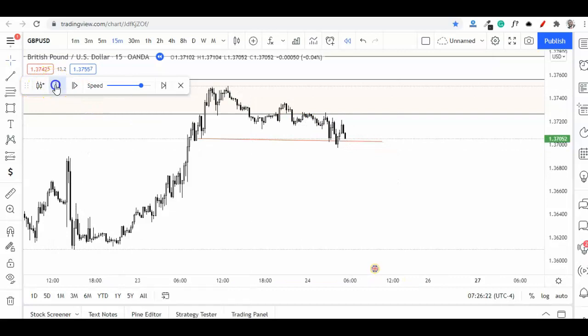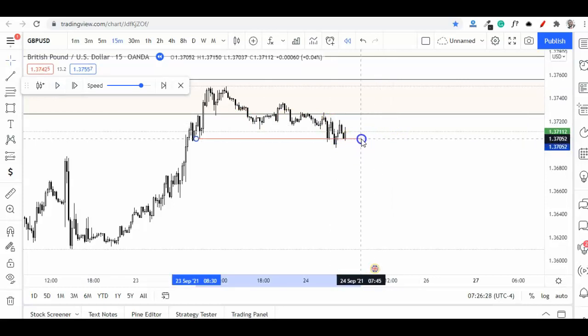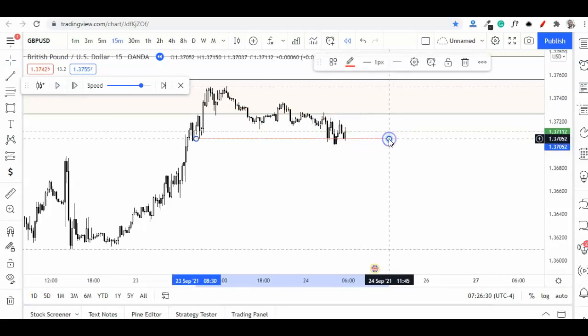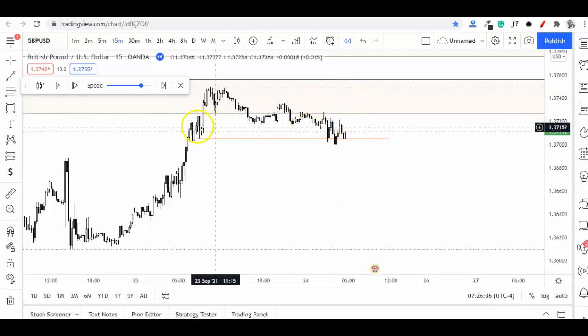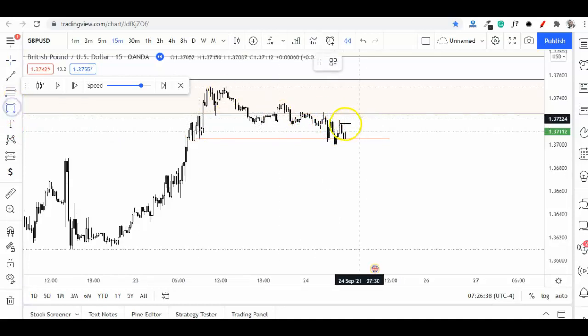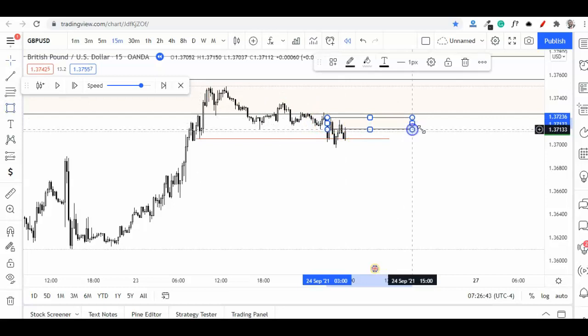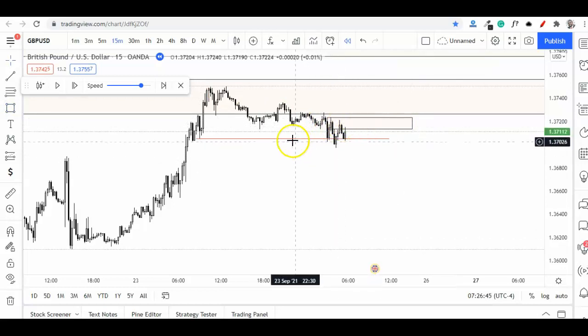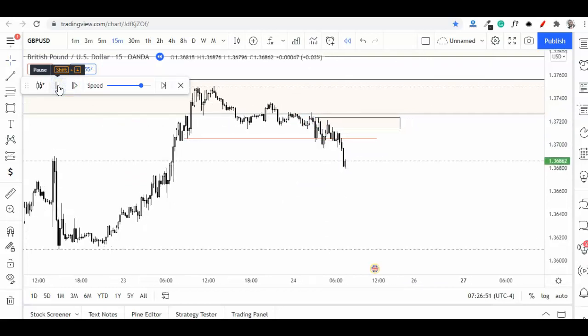Let's pause there. I think I'm messing up. I think there's a break of structure. Yeah, good. There's a break of structure. What was the move that sponsored that break? This particular order block here sponsored the break. So what I will do is I will wait for price to tap into that, and then it went down.